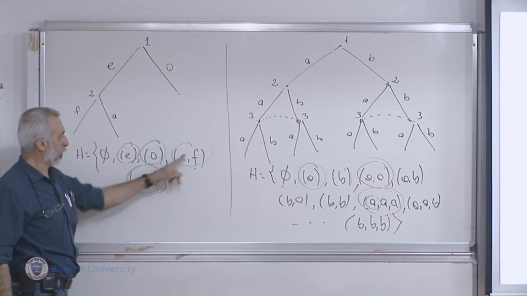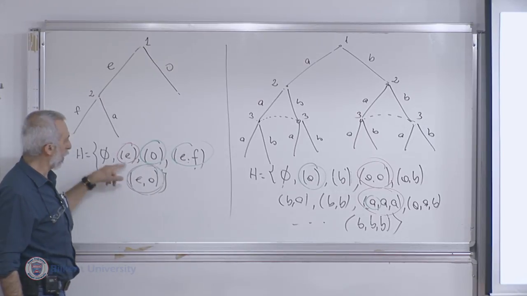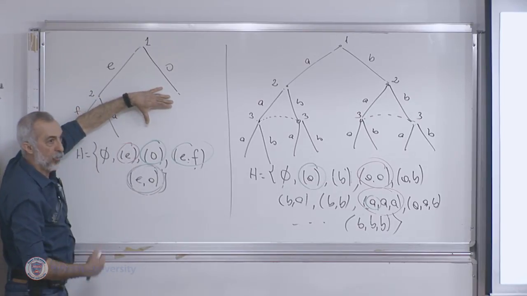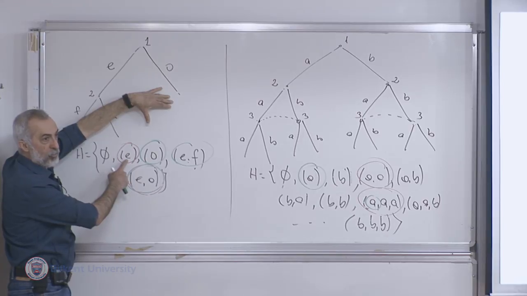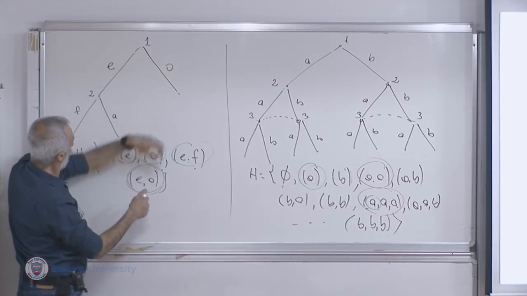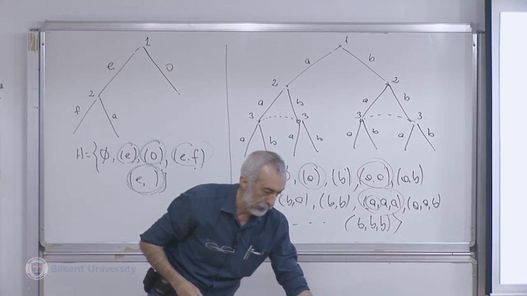Actually, it's the initial segment of these two histories. So looking at the structure, without looking at the picture, we can conclude that at this history, whoever was taking an action had two actions available, F or A.